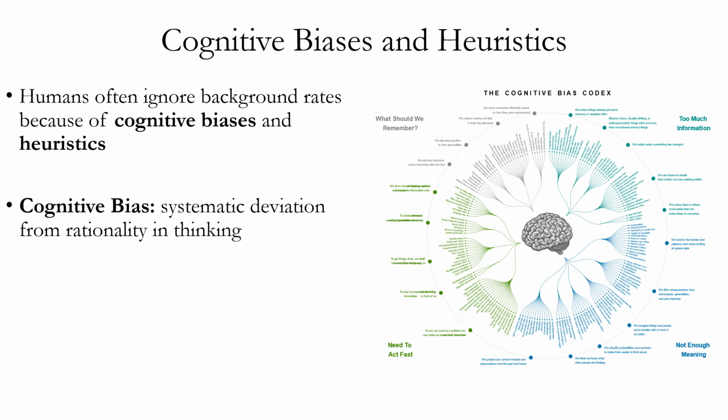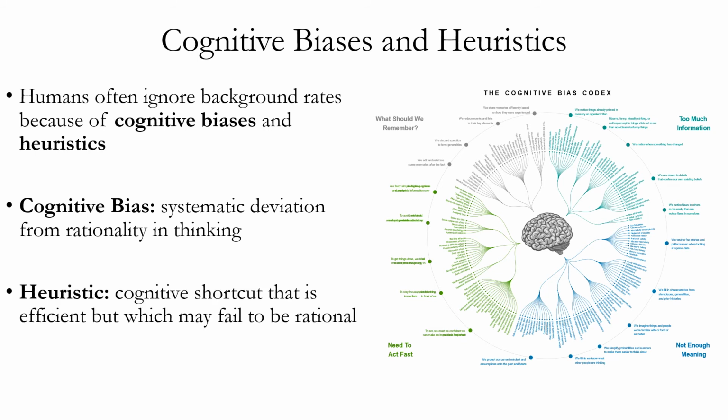If there's a bias in ignoring certain reasons or putting more emphasis on others, then that would be a cognitive bias in rationality. A heuristic is a cognitive shortcut that may be efficient, such as in time or resources, but which may fail to be rational. So it can leave out reasons or evidence that are relevant to assessing the truth of a claim.